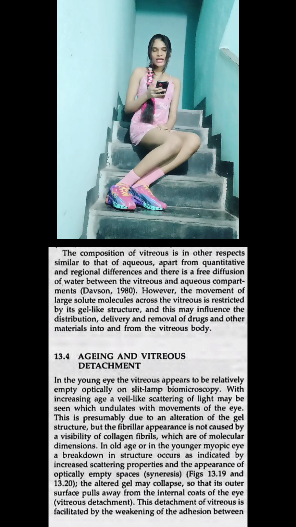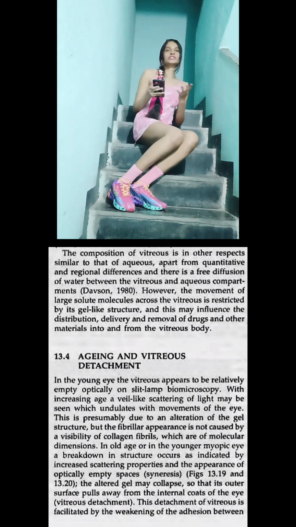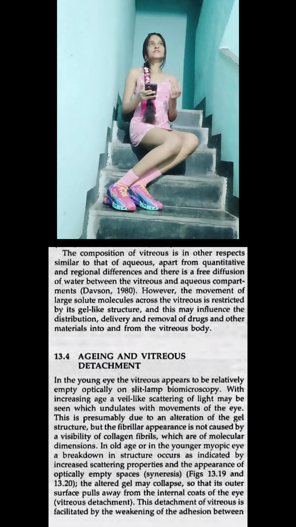Now, aging and vitreous detachment. Once again, I'll talk about the composition of vitreous in short. Its volume is 4 ml. Composition is hyaluronic acid, 99% water. Hyaluronic acid holds large molecules of water, so it is made optically transparent.